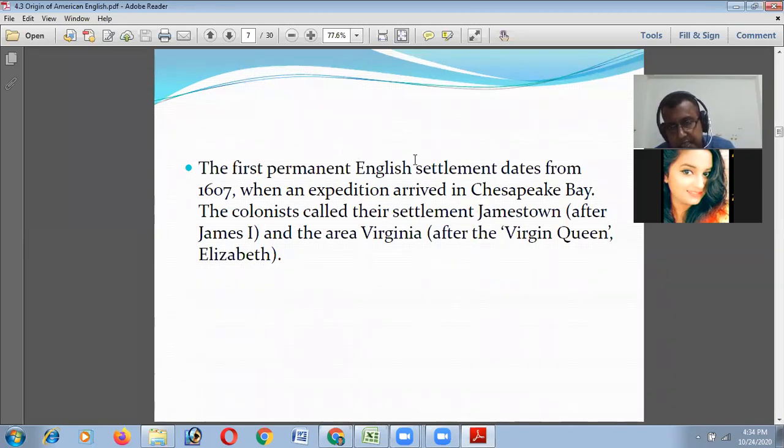So Virginia is also named after the British Queen Elizabeth. We know that Queen Elizabeth was unmarried, and for this reason she is called the Virgin Queen. And according to the name of the Virgin Queen, the American state Virginia is named so.